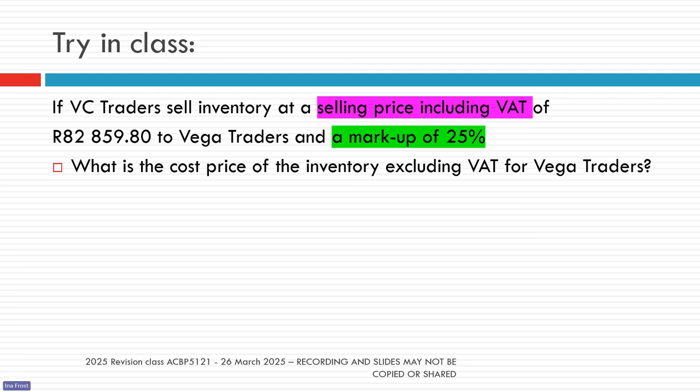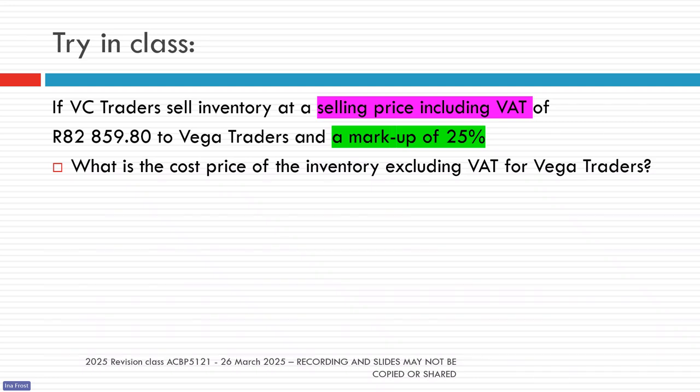Okay, lastly, one of our students had a question earlier: what if we combine markups and VAT, or gross margins and VAT, all into one question? So let's see if you can do this question at home.